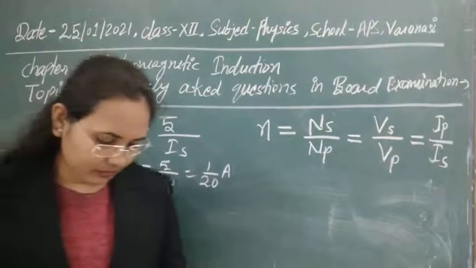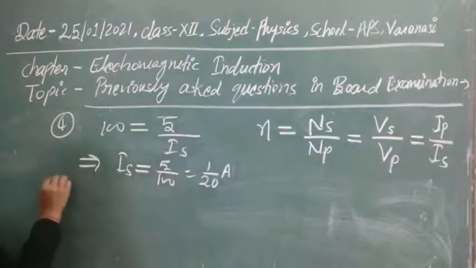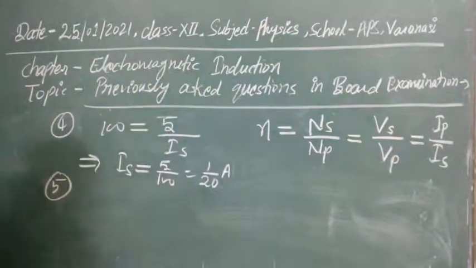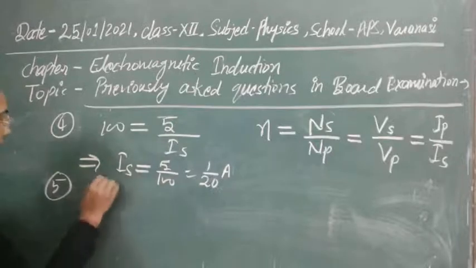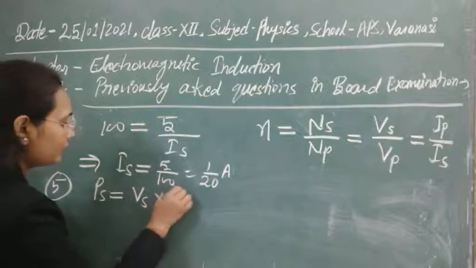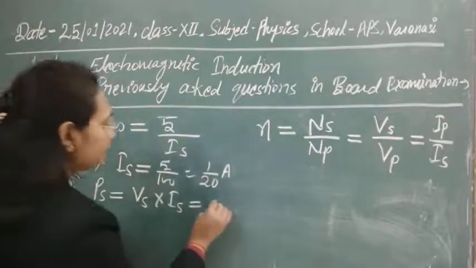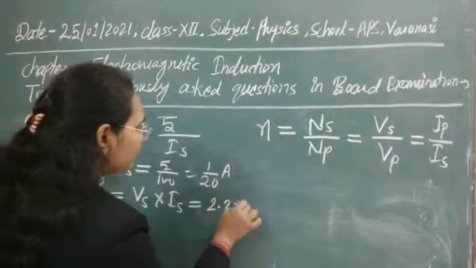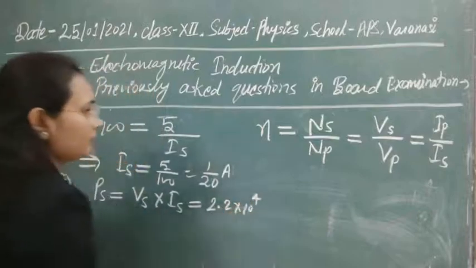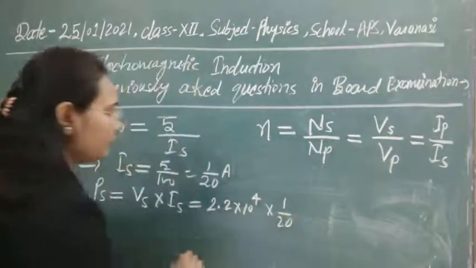Next, last is the power in secondary. So we have to calculate what will be the power in secondary coil. So basically the power in secondary coil can be written as voltage in secondary coil into current in secondary coil. As the voltage in secondary coil we have calculated, that is 2.2 into 10 to the power 4, into the current in secondary coil, that is 1 by 20.